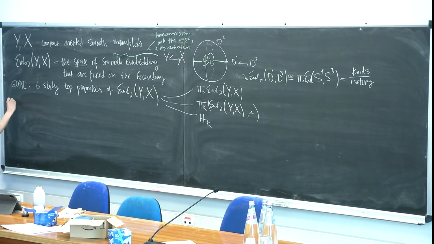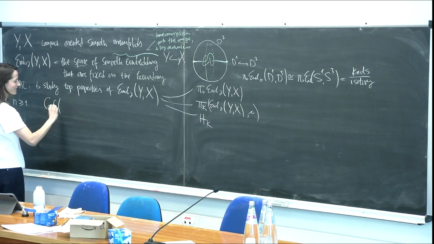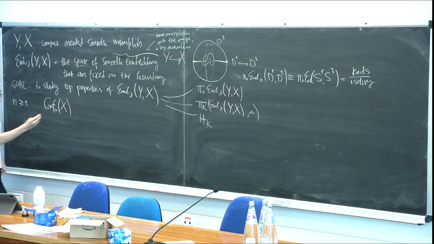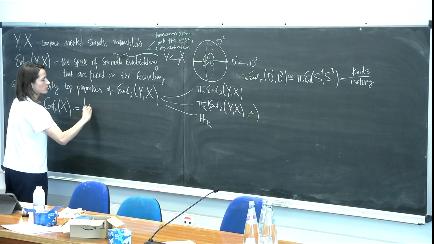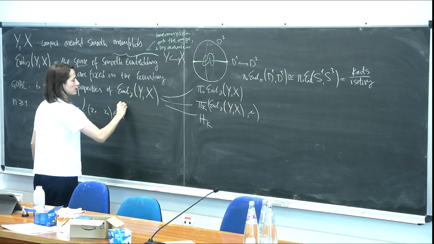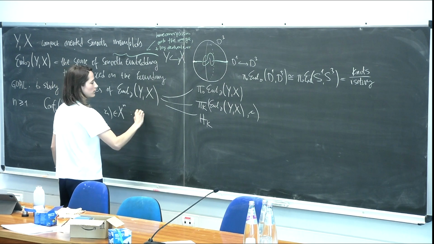Let me first introduce notation. So for a fixed integer n at least 1, the configuration space of a manifold X is just defined as the space of tuples of n points in X that are all distinct.